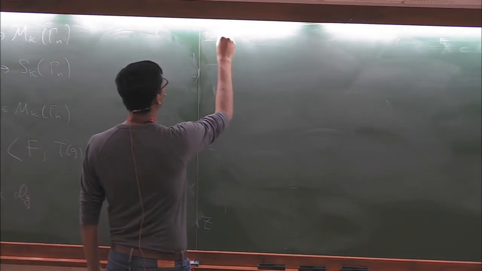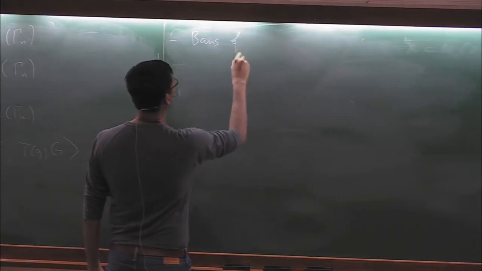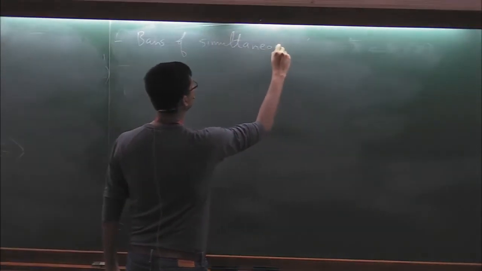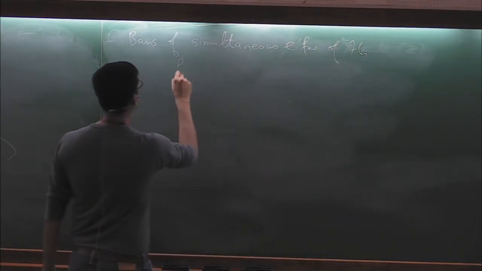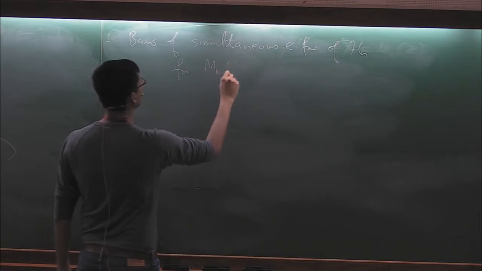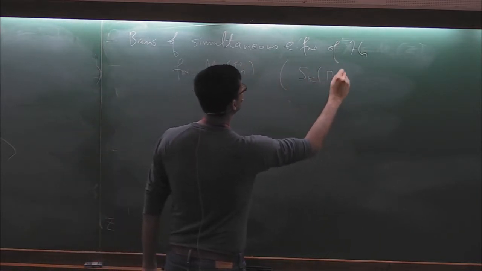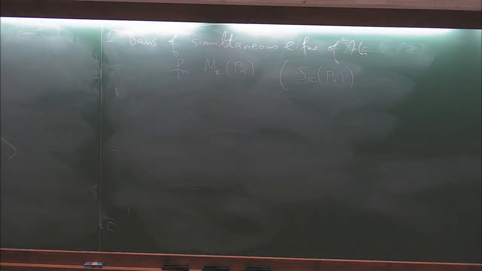So you have a basis of simultaneous eigenfunctions of H_n for M_k(Gamma_n) and also for S_k(Gamma_n). And in this case, you can actually get an orthogonal basis. And so basically, the Hecke operators allow us to have this very nice basis of Hecke eigenforms.